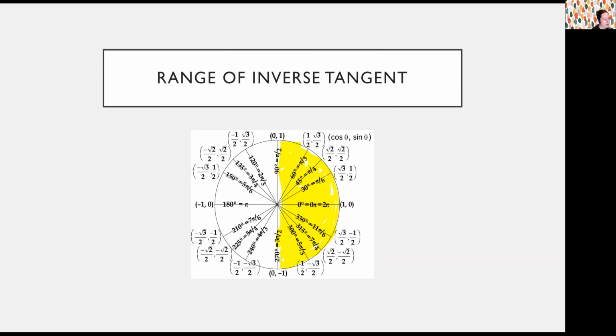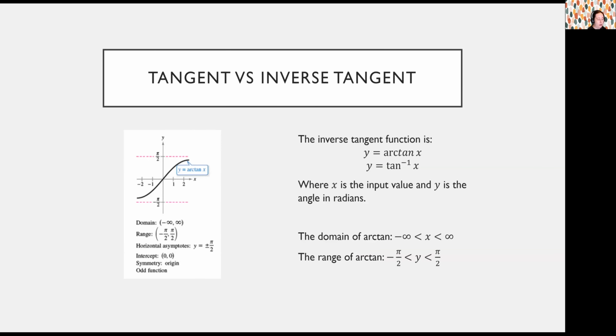But we do have to consider that our range is from negative pi over 2 to pi over 2. So we can't give it in the form 5 pi over 3 because that's not within that range. So we have to find the negative version of it, the other angle. So we need to subtract 2 pi in order to get the other version of the angle.